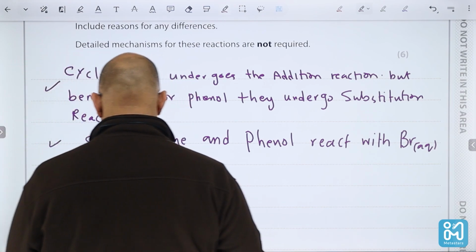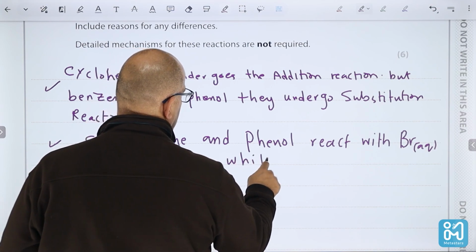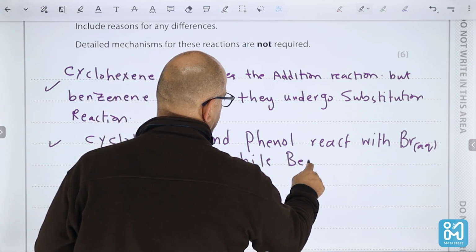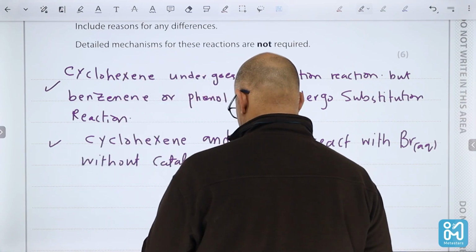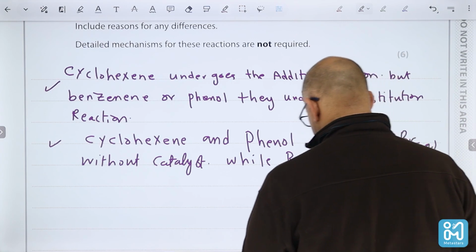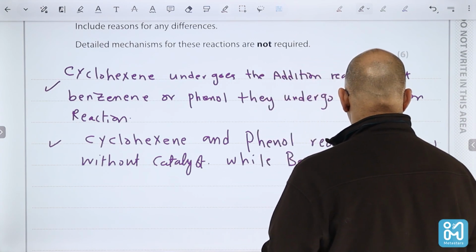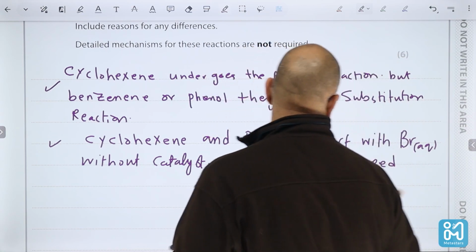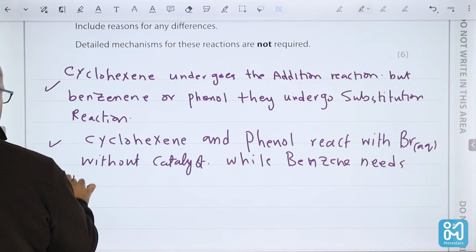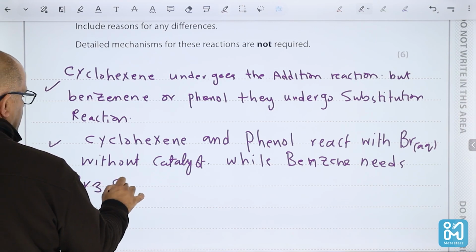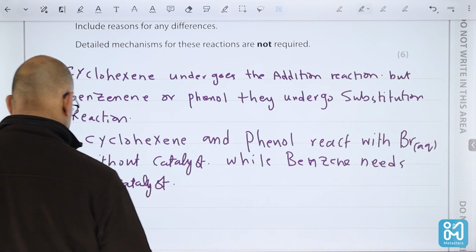And benzene needs the FeBr3 catalyst, or what is known as a Friedel-Crafts catalyst.